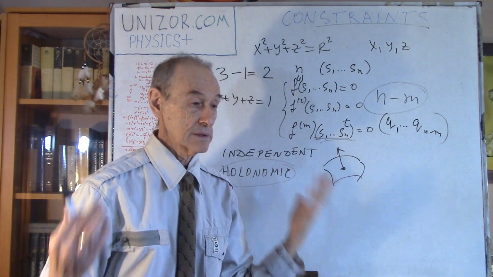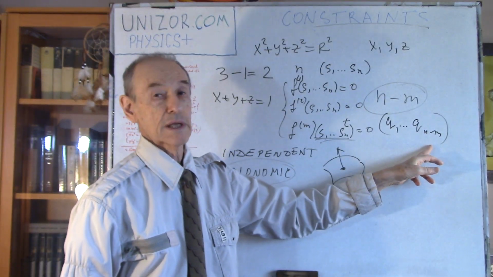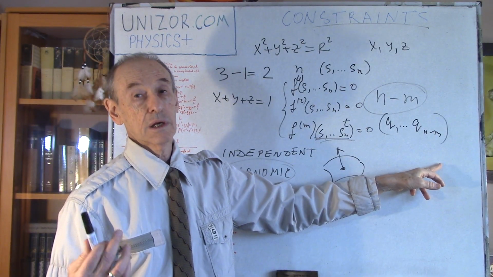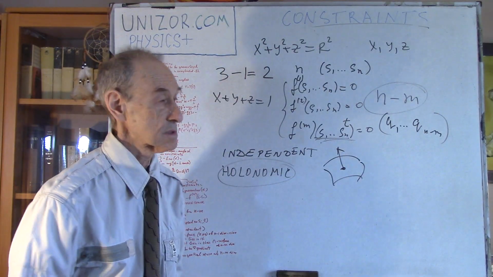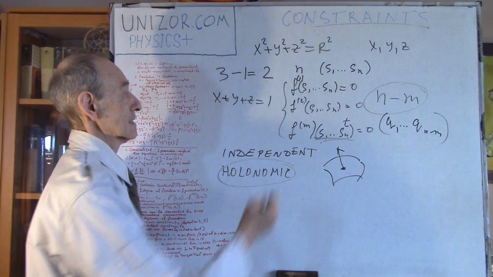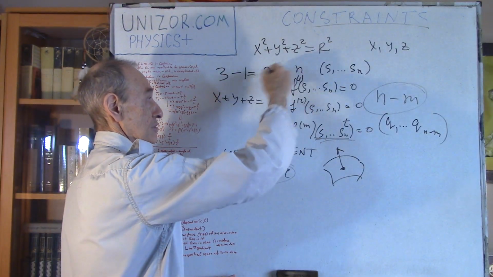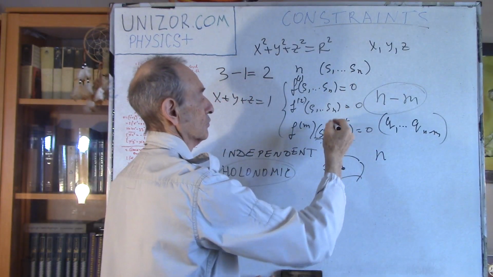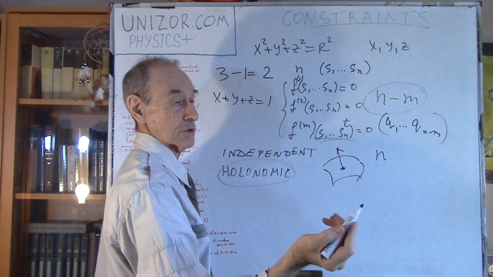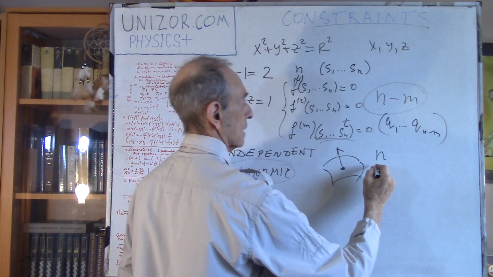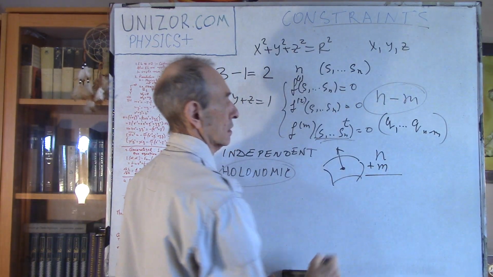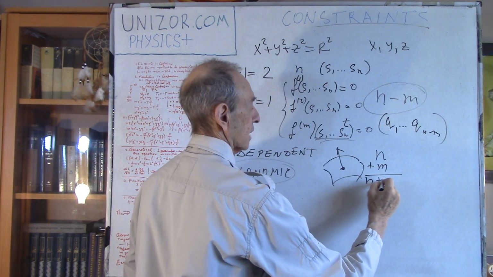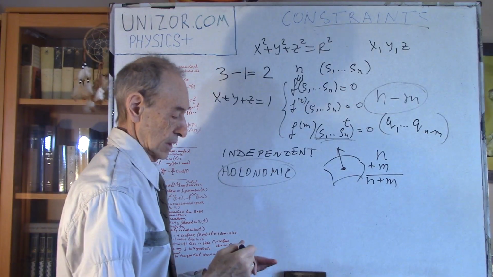And then our system would be significantly simpler: n minus m equations with n minus m independent parameters, instead of, if we are using a Cartesian system with constraints, n equations for each coordinate using Newton's second law, plus m equations of constraints, and that would be n plus m equations.